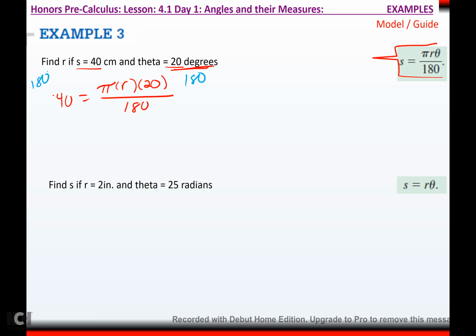So 180 times 40 gives me 7,200 equals 20 pi r, if I multiply these three together. To get r alone, I'm going to divide by 20 pi, and the radius of whatever's cutting this arc is going to be 7,200 divided by 20 pi. And you get the radius, whoa.